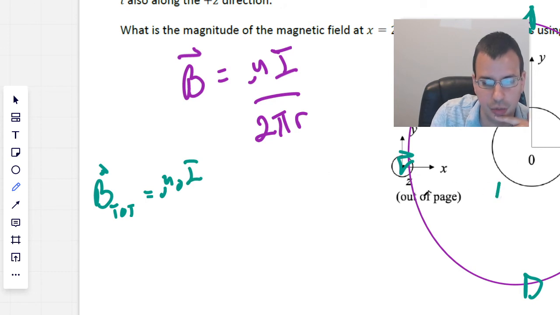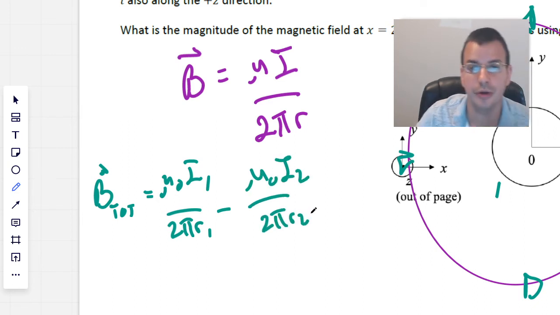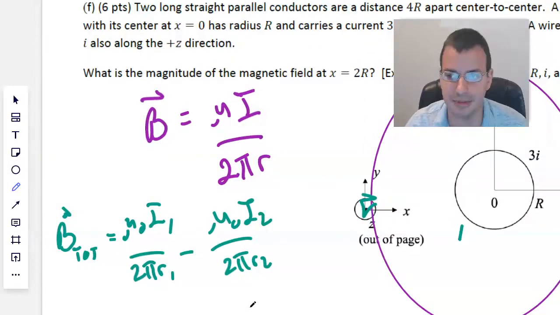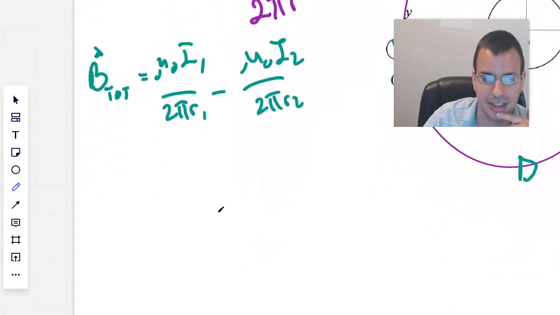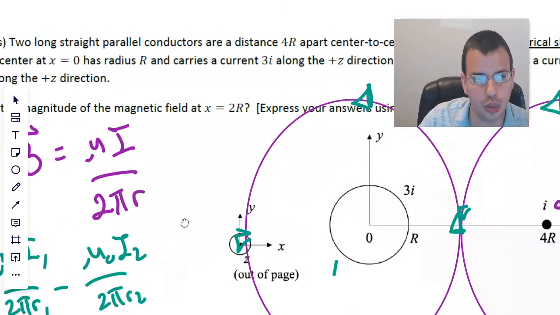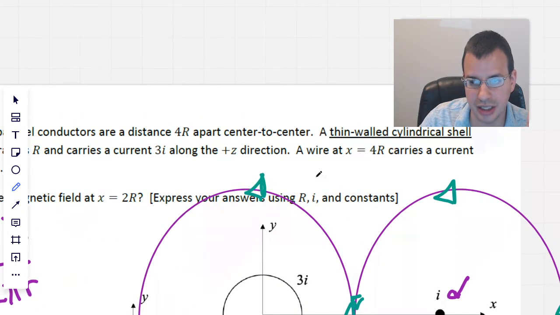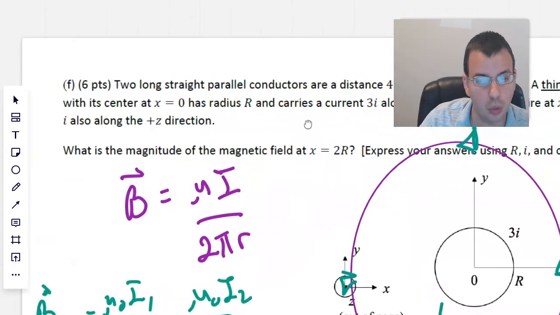I'm going to call this 1, the other one 2. So mu naught I1 over 2 pi R1 minus mu naught I2 over 2 pi R2. Since it's at 4 and we're looking at the middle of 2, the radii will be the same. I1, I think, is 3, and the other one is 1.